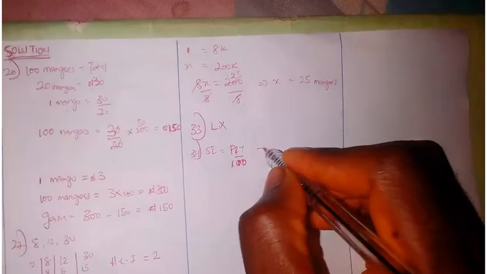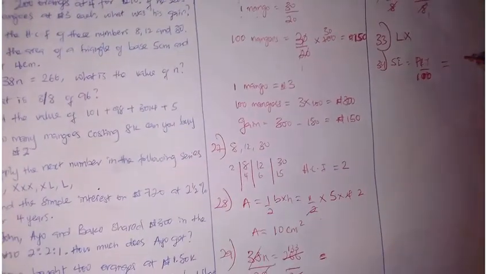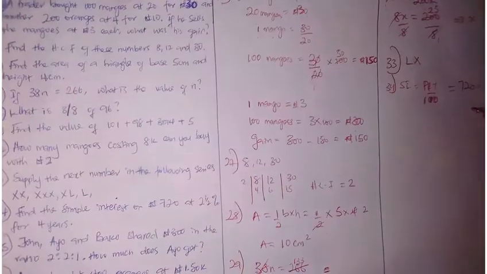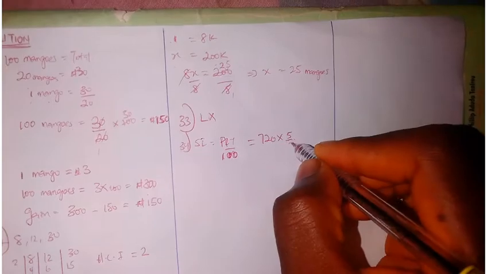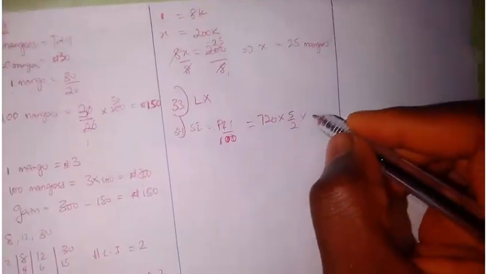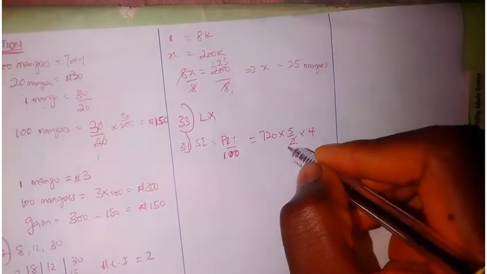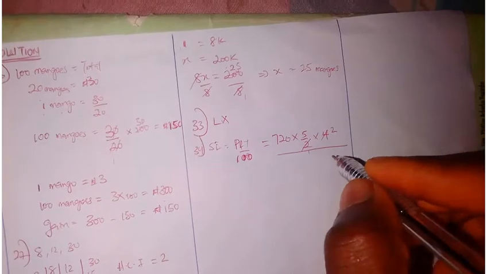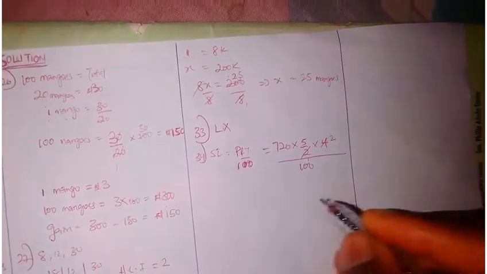Okay, so this is equals to P there is what? 720 times R there is what? 2.5, that's 5 over 2 times time there is what? 4. Okay, so I can see this is 1, this is 2, all over what? 100.